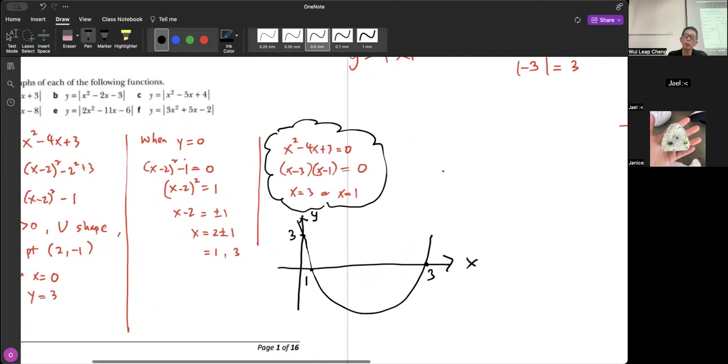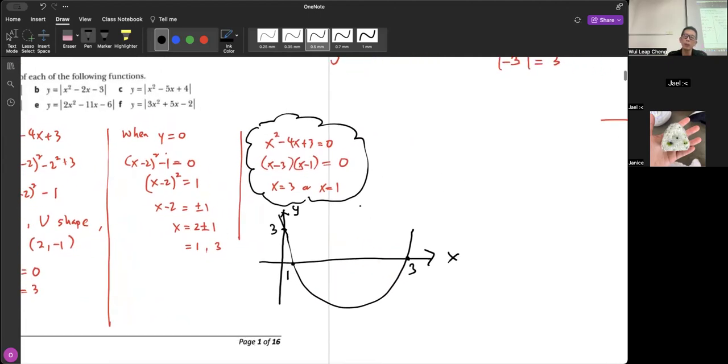So there is a modulus. What happens when there is a modulus? Very easy. The negative part will be reflected. The positive remains. So this one, no changes. But this part will be reflected like that. Okay. So what is this point? You know the value of this point? And like that, what is this point?